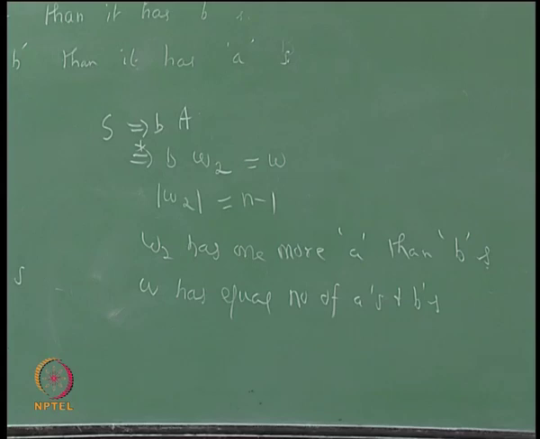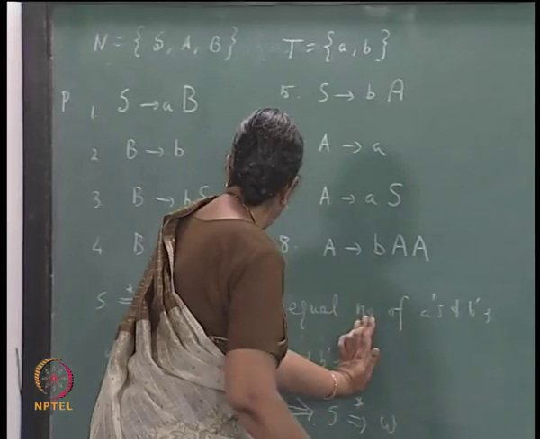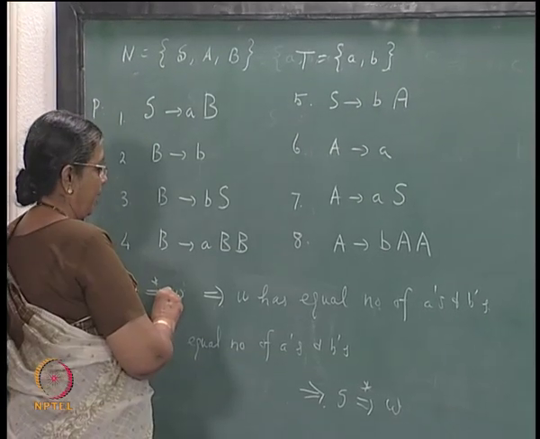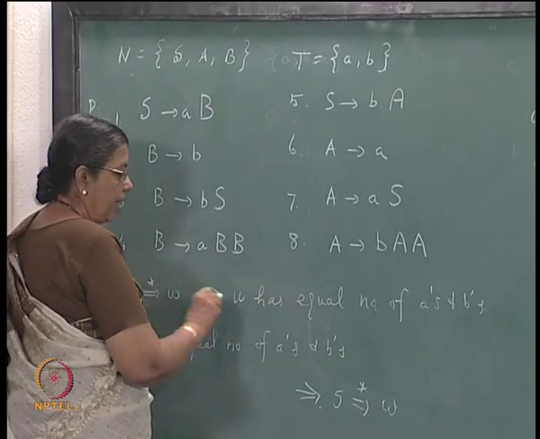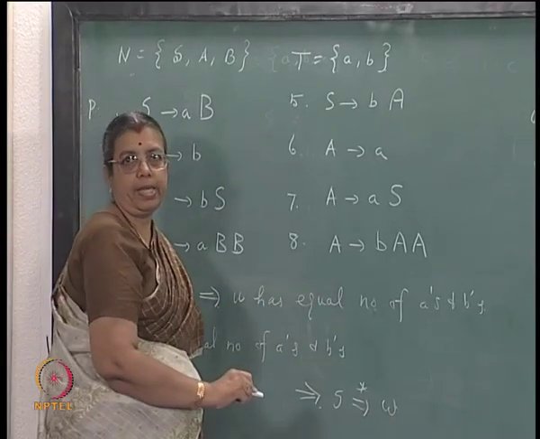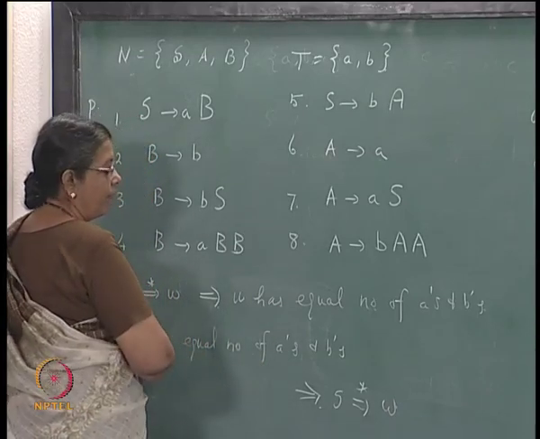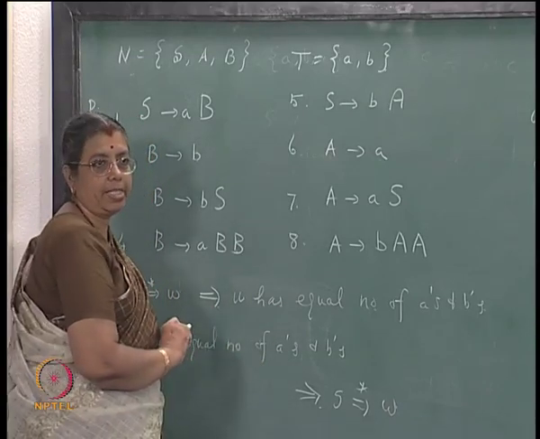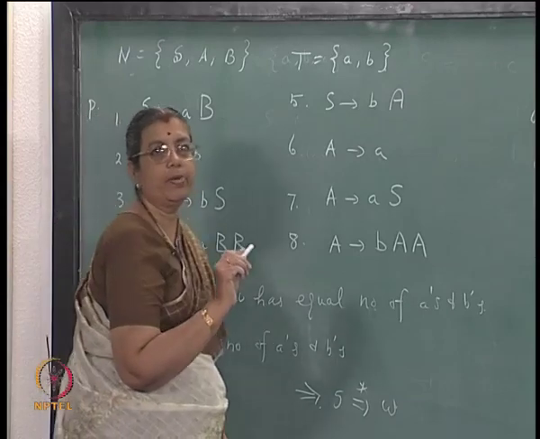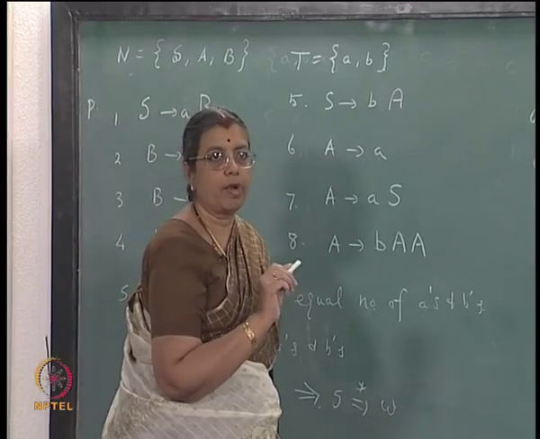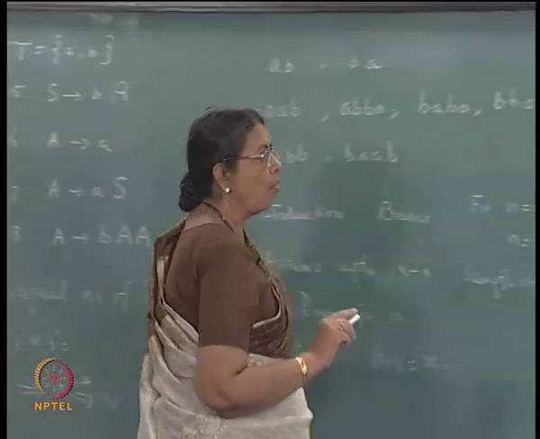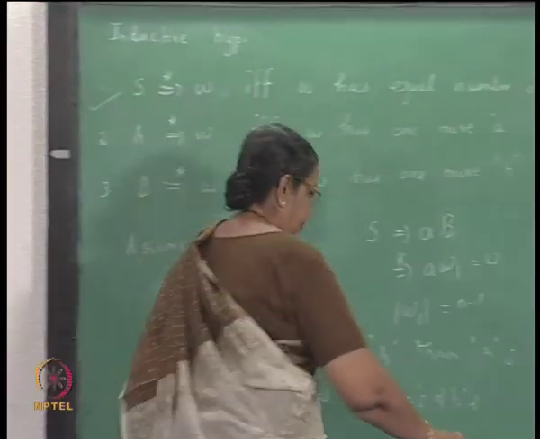So, this is one portion. What we have proved is this: if a string is derivable from S, then it has equal number of A's and B's. The other way around we have to prove. If you have a string which has got equal number of A's and B's, it should be possible to derive that from S. That way also you have to prove. So, how do you go about proving that?